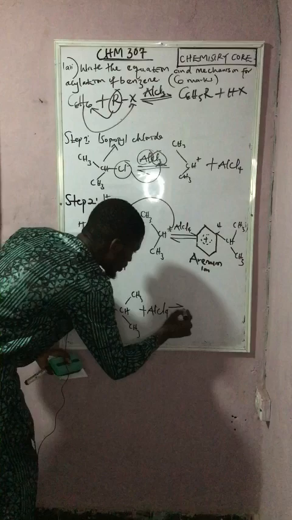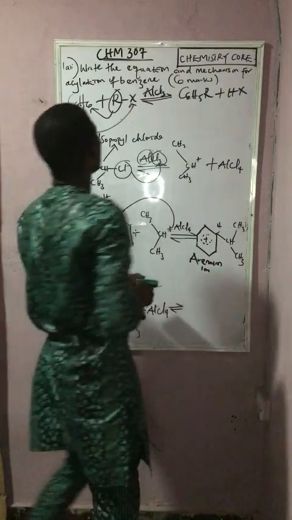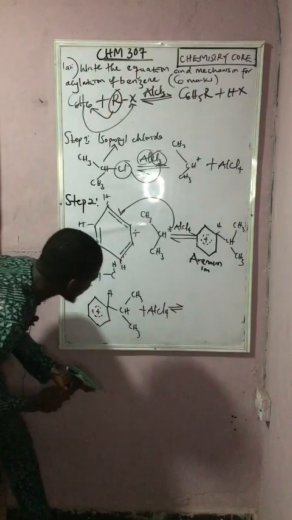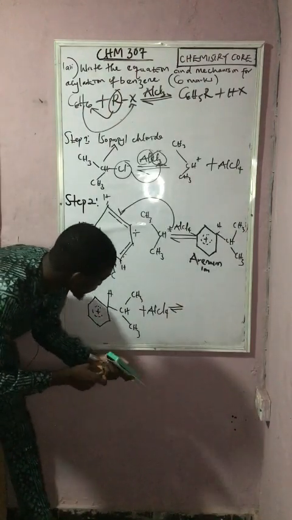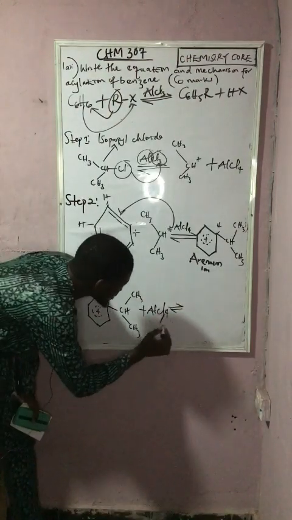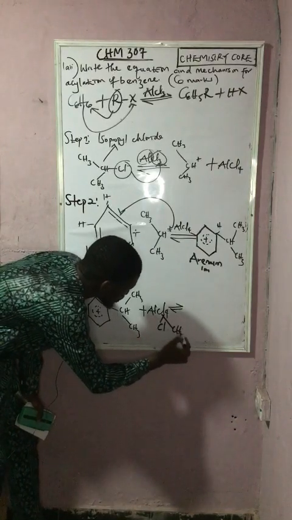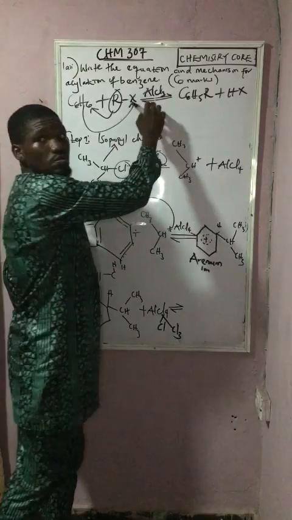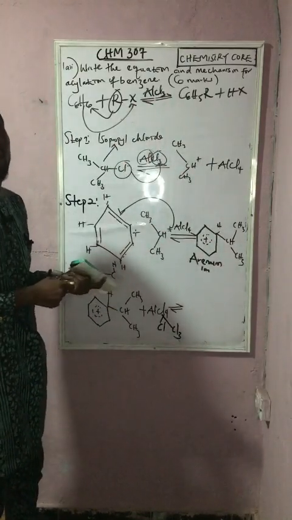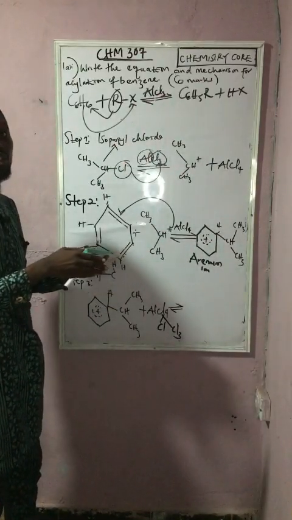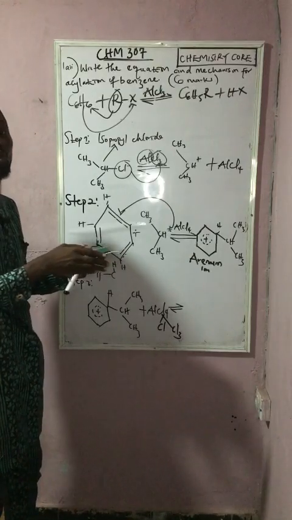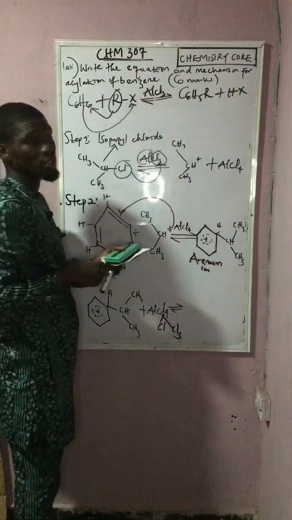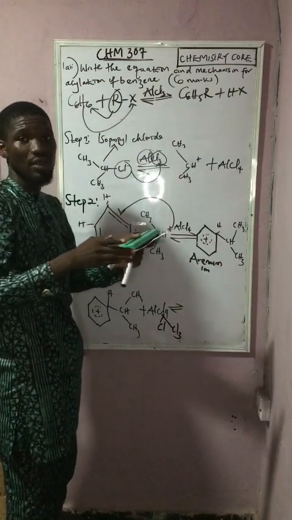AlCl3. So now we want to form our acylation of benzene. So guys, looking at what you have here now, we can easily split this to be Cl, Cl3. We are going back to this because we said Friedel-Crafts acylation is the formation of an acyl group, and this AlCl3 is acting as the Lewis acid there.